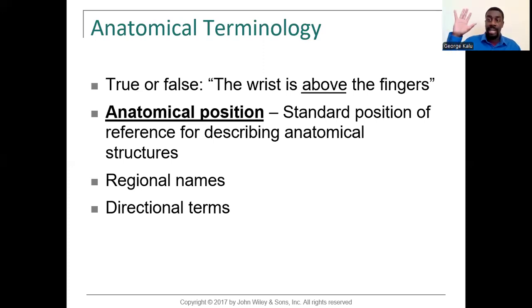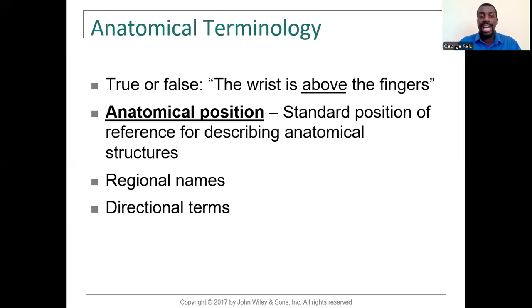But if I'm standing with my hands up, then now the wrist is below my fingers. So this creates a bit of confusion. Okay? And we don't like confusion in anatomy. We don't like confusion in medicine. We want to be as specific and clear with our descriptions as possible. So this can create problems if we're not very clear about what our relationships to different body parts are.